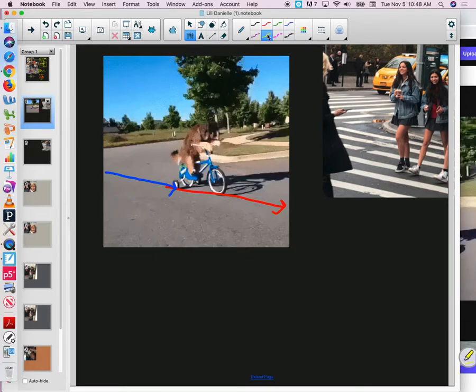The distance would be how far the bike went per hour, like miles per hour, or feet per second. The distance that it goes, just the miles, would be from this.